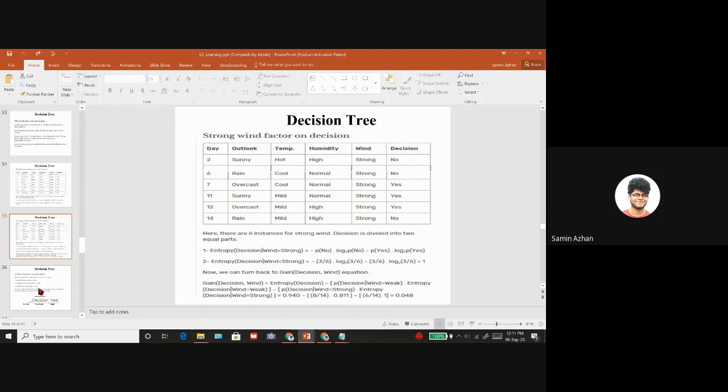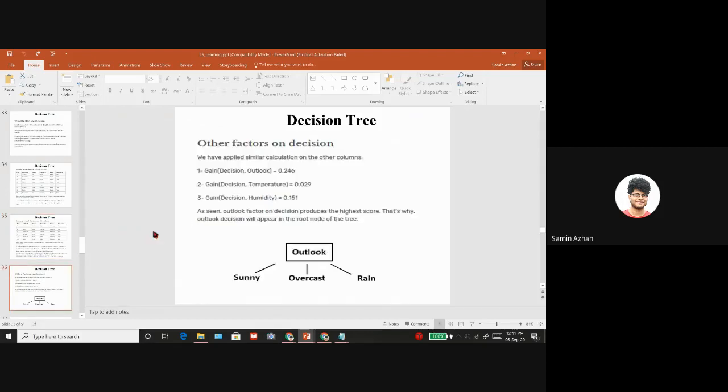So after using the same methods and same equations, you'll get this value. But like I said, we'll do it together, hopefully in the next class. I don't think I will have enough time to do it today.